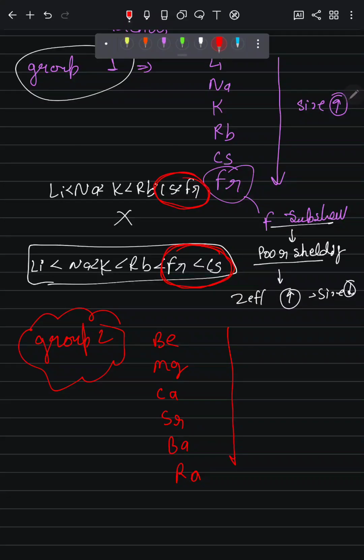As we know, down the group size increases, but here there is an exception in which Ra will go here and Ba will go here if we compare size. The same reason applies here: due to the presence of the F subshell, poor shielding, Z effective charge increases and size decreases.